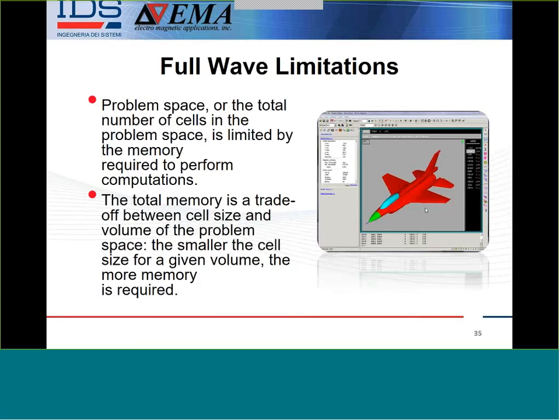So there's always a trade-off between how small your mesh sizes can be and how much computational time that's going to take. Also the fact that you need smaller and smaller cells to get to higher and higher frequencies. So full wave modeling is not without its problems.